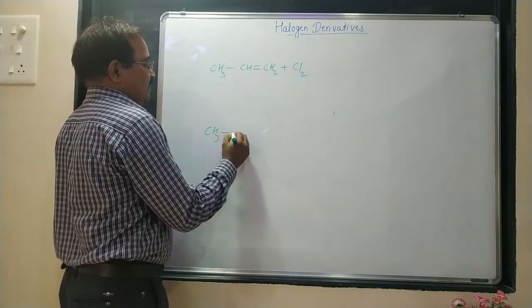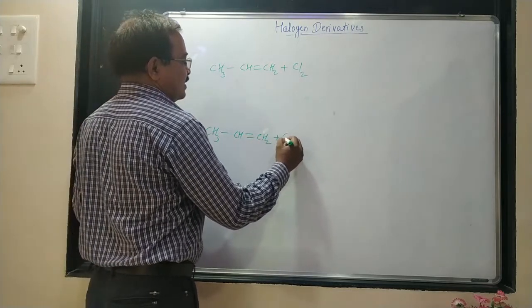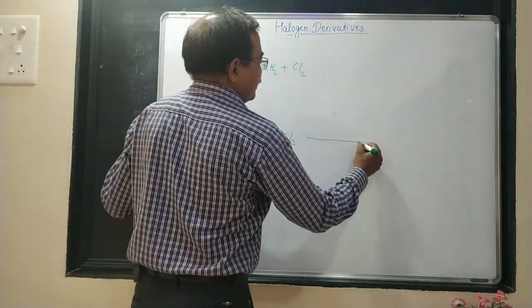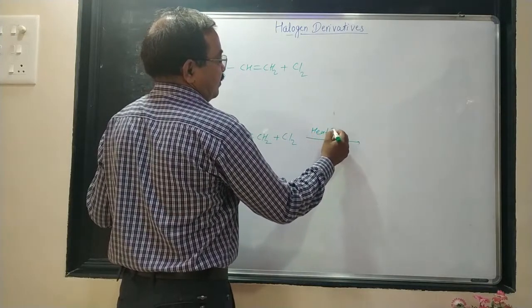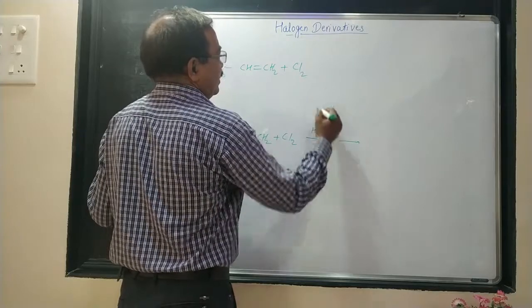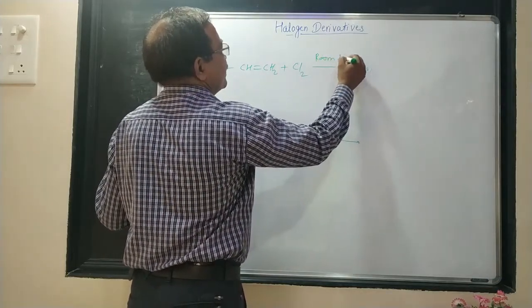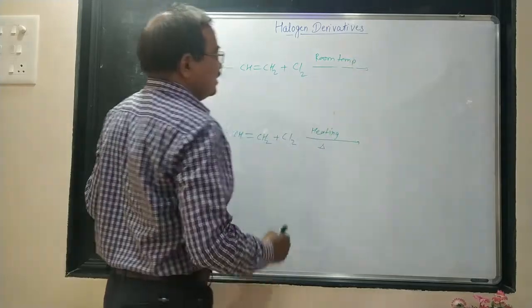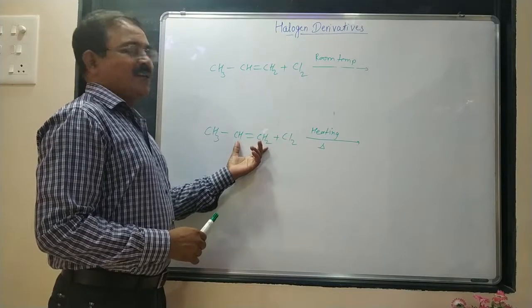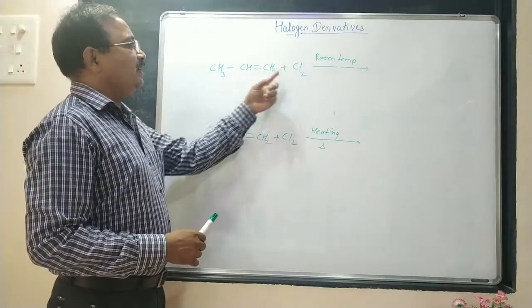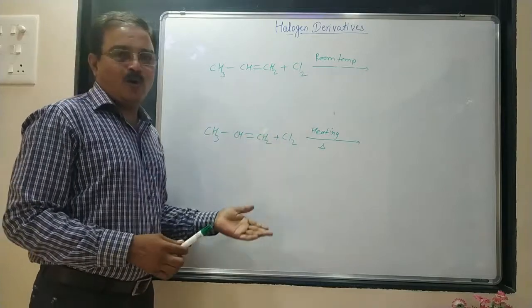Another reaction I will explain is alkene plus Cl2 with heating. The first reaction is carried out at room temperature. So these are the two conditions. The reactants are the same, propylene and chlorine, but in the two reactions different products are obtained.